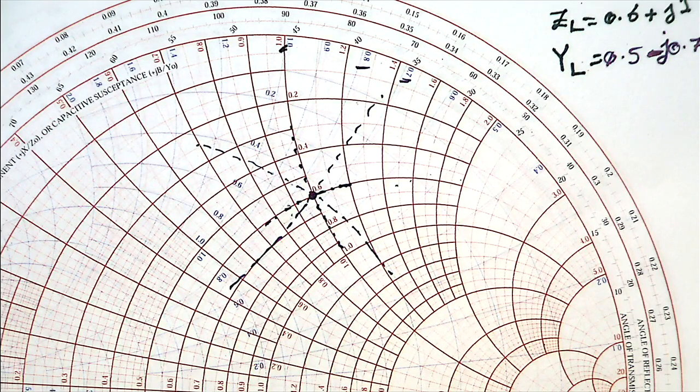Oh, sorry, 1 minus 1. No, minus 1. This is something else. This is point B. It's another one. How is it minus 1? Because 1 divided by 0.5 plus J 0.5 equals 1 minus J1.